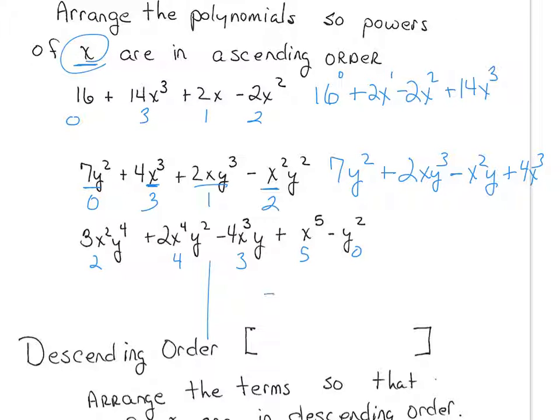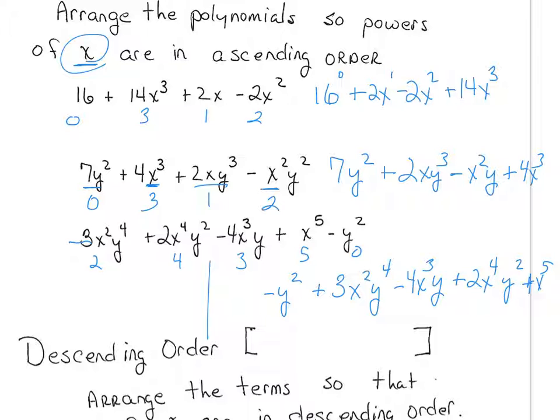Negative y squared, plus 3x squared y, then minus 4x to the third power y, then plus 2x to the fourth power y squared, plus x to the 5th. Everybody agree with that?